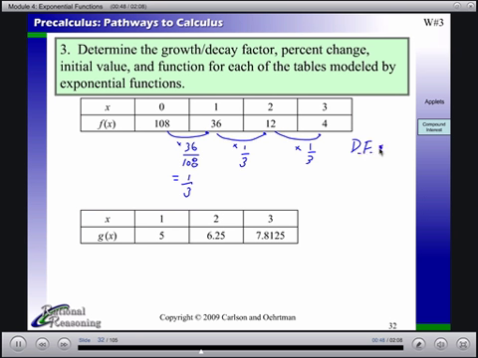So what's the percent change? Write it as 1 minus... 2/3. What percent is that? 66.6. Wouldn't it be 1 minus 1/3? No, because the decay factor is 1/3.